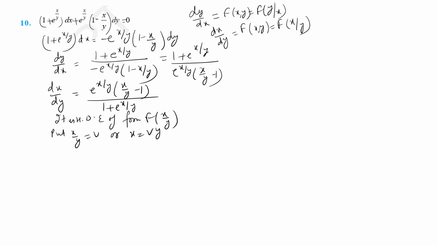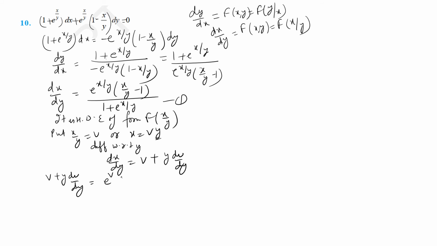Now we will differentiate with respect to y. So dx upon dy is equal to v plus y dv upon dy. So we get v plus y dv upon dy is equal to e raised to power v minus 1 upon 1 plus e raised to power v.